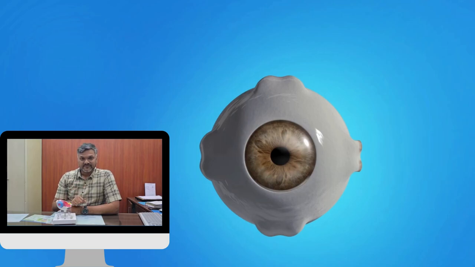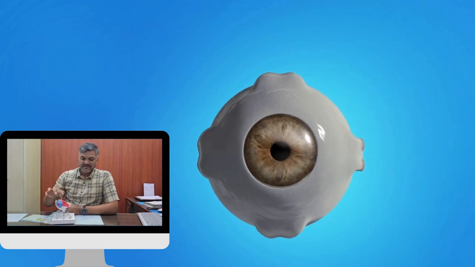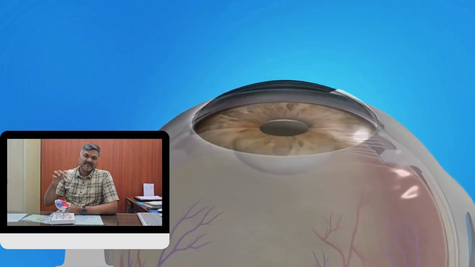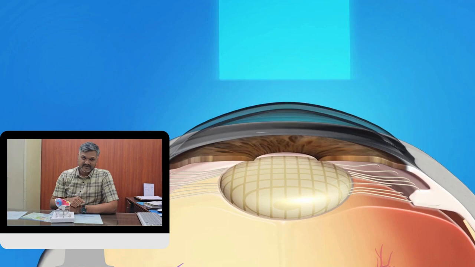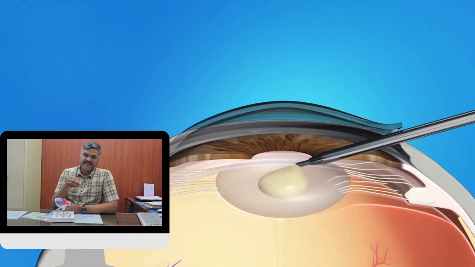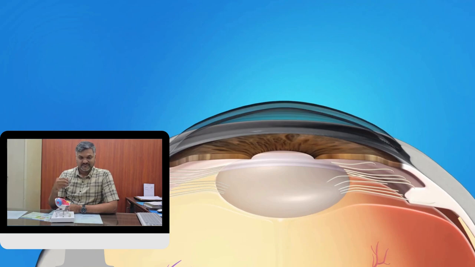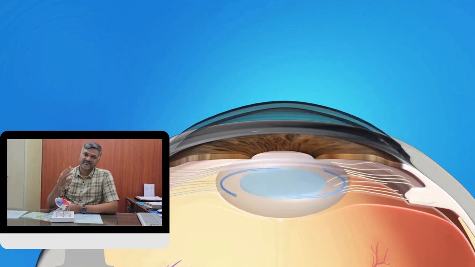So in that, with the help of another machine called a femtolaser machine, we make a small incision in the cornea, and also the opening of the cataract is made through that, and the lens is broken into small pieces. After that, the MICS machine handpiece goes inside the eye, breaks the cataract, and sucks out the cataract from the eye. And then again in that place we place the artificial lens.